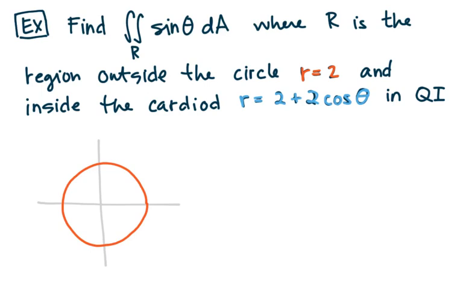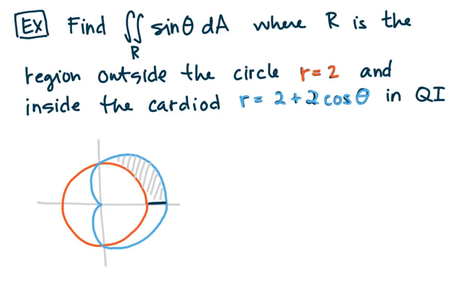But what that cardioid looks like is roughly like this. It's called a cardioid because it's a kind of a heart shape. So we are looking at the region here only in quadrant 1, outside the circle and inside that cardioid.